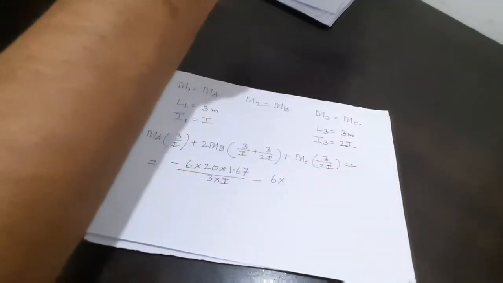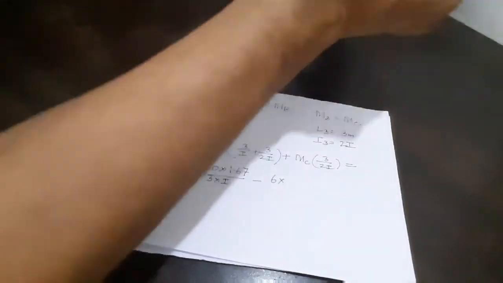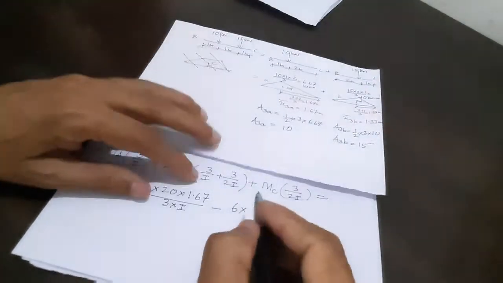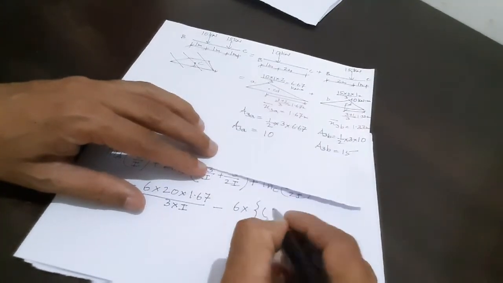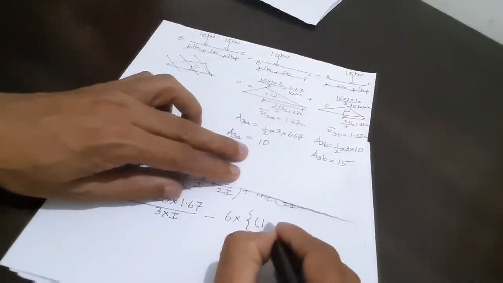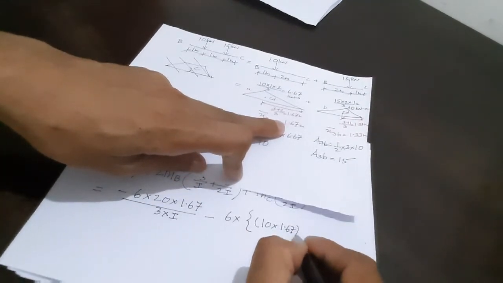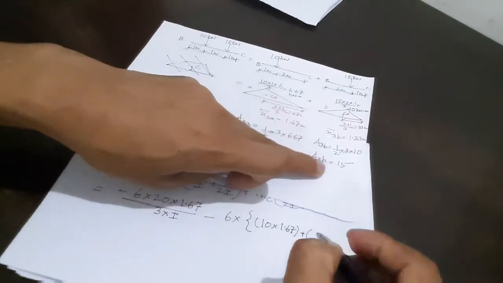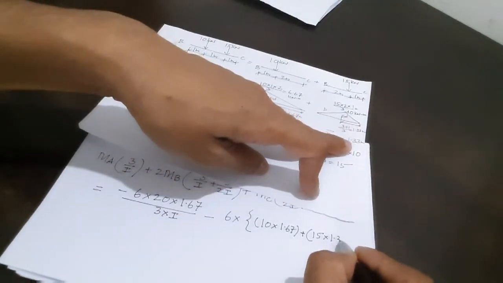Now my friends, A3 into X3 bar we have to take into combination. A3 into X3 bar, look at this, minus 6 into, I am taking the first A3, 10 into X3 bar 1.67, plus I am taking the second A3, 15 into X3 bar 1.33.